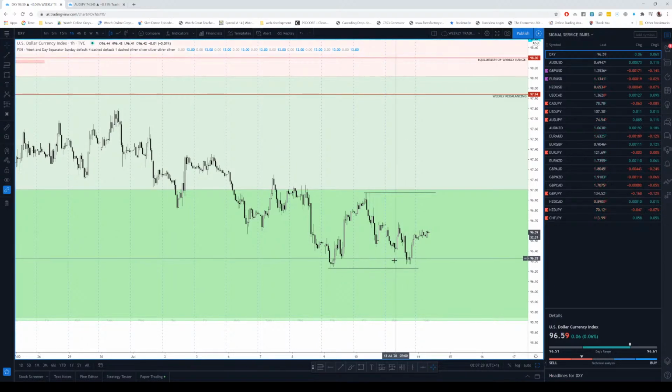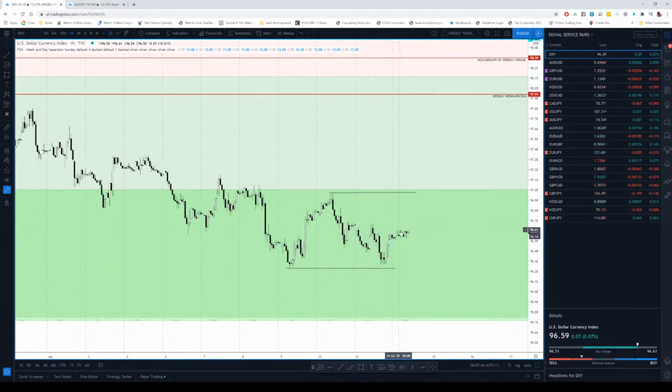I personally favor the downside because of these equal lows that were created yesterday. So I favor price running to the downside, which would lead the foreign currencies, the majors, to run up. So I'm watching closely. For now, it looks like they want to go up. I'm watching yesterday's high.